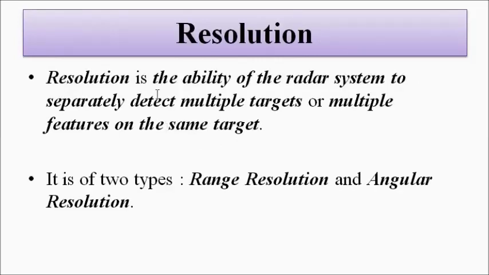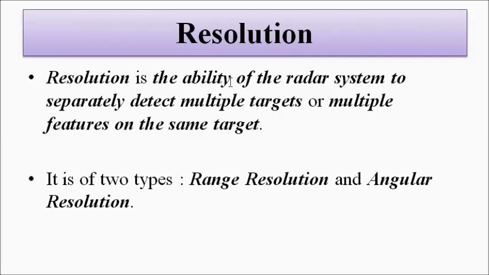Resolution is the ability of the radar system, while measuring any parameter, whether it is range, elevation angle, azimuthal angle, whatever parameter the radar is measuring, to separately detect the same parameters for multiple targets. Suppose there are more than one target.